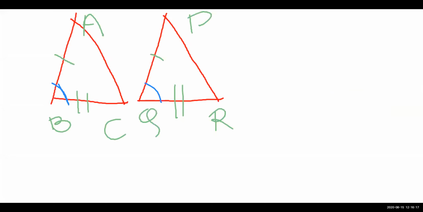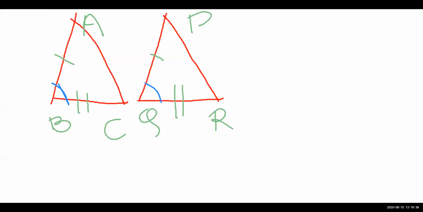So if these two triangles have limited things out of 6, meaning 3 sides and 3 angles, total how many things are there for a congruence? 6.